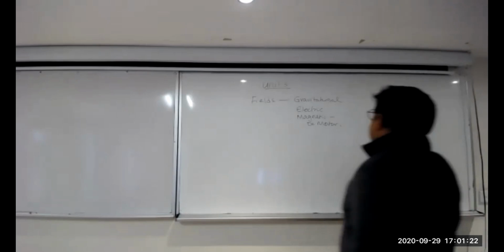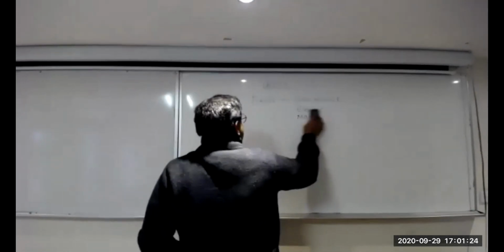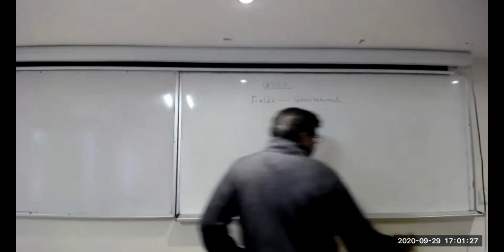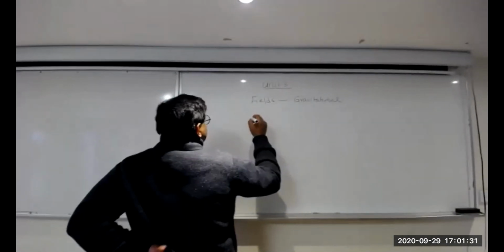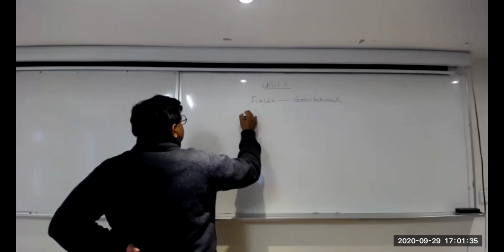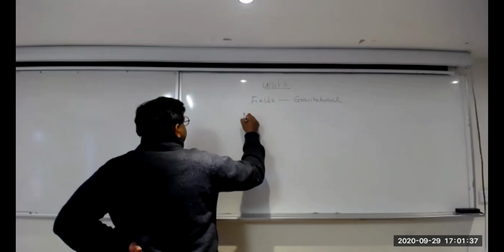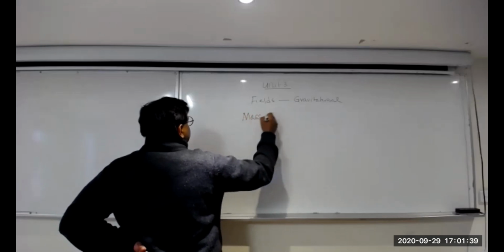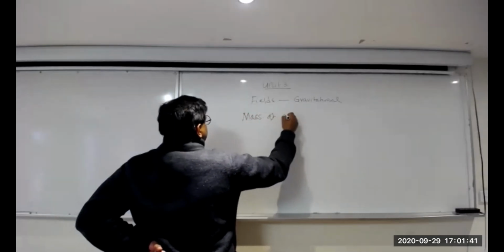So we'll start with the gravitational fields. Remember, the origin of the gravitational field is coming from a mass of an object.